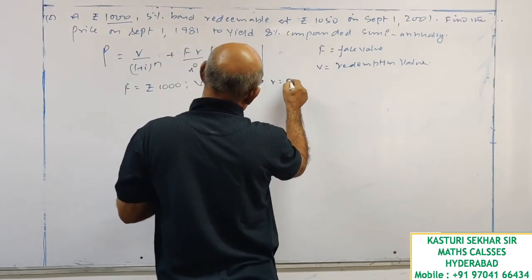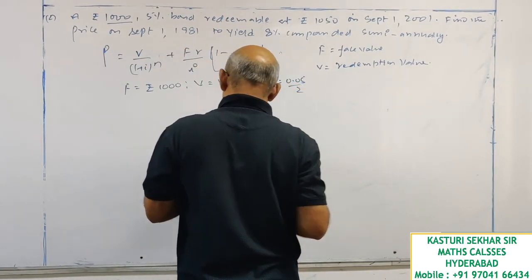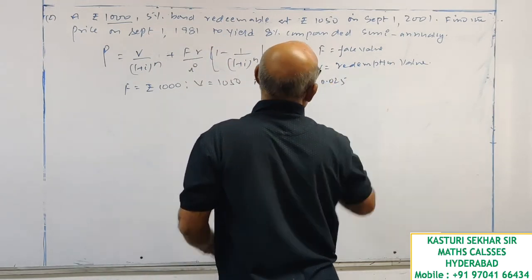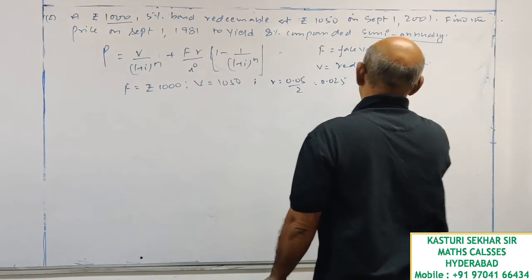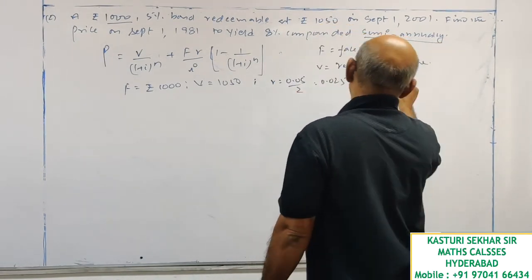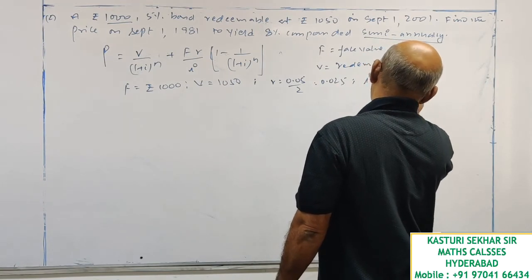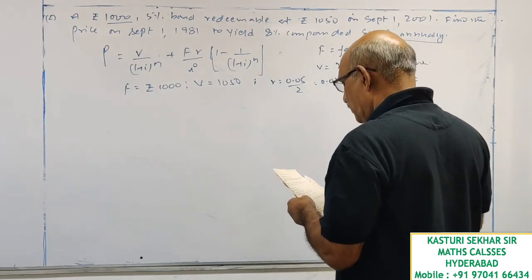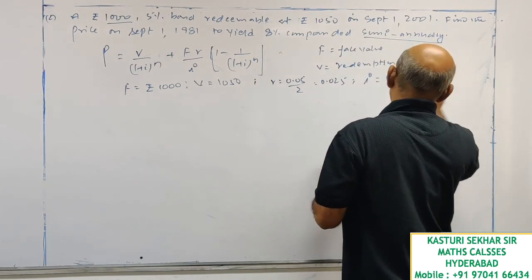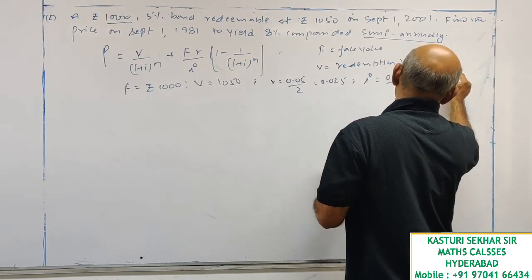R is equal to 0.05 divided by 2. This is 0.025 because interest is calculated semi-annually. I is equal to 0.08 divided by 2, semi-annual, 0.04.